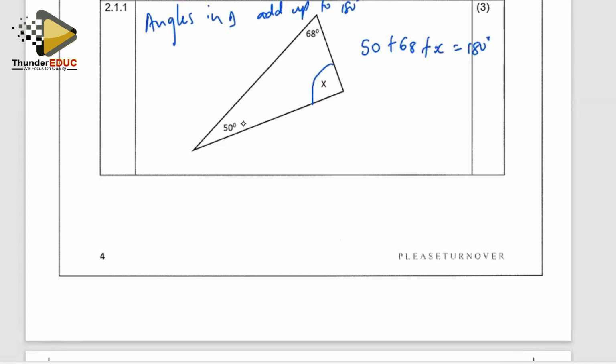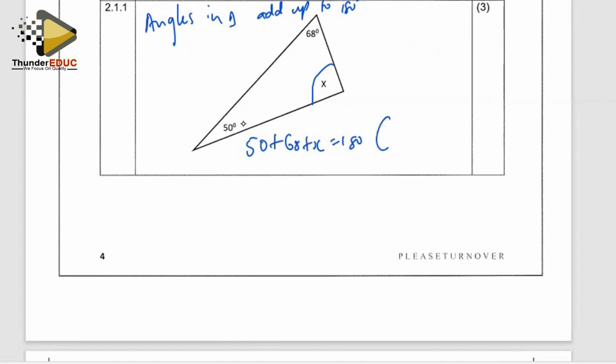With this question, it is a must to write your statements but also give the reasons. So this is the statement.